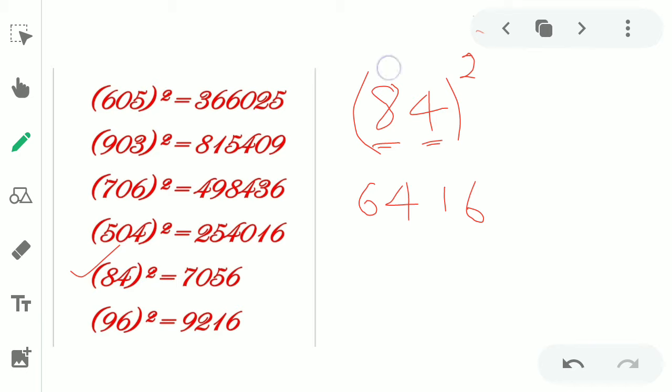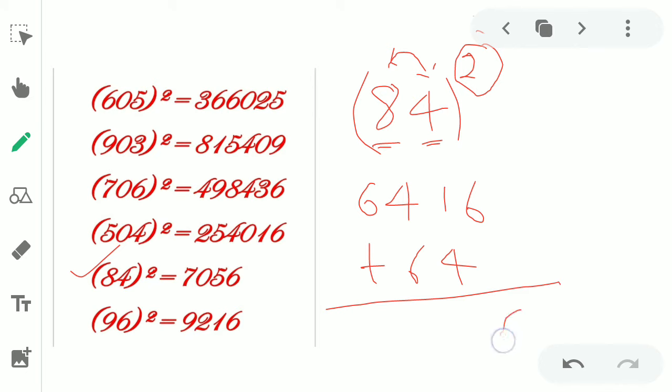Now we multiply both these numbers. 8 multiplied by 4 is 32. We will double the 32, which is 64. We write it in the middle and we add these numbers. We will get the answer 7056, which is the square of 84.